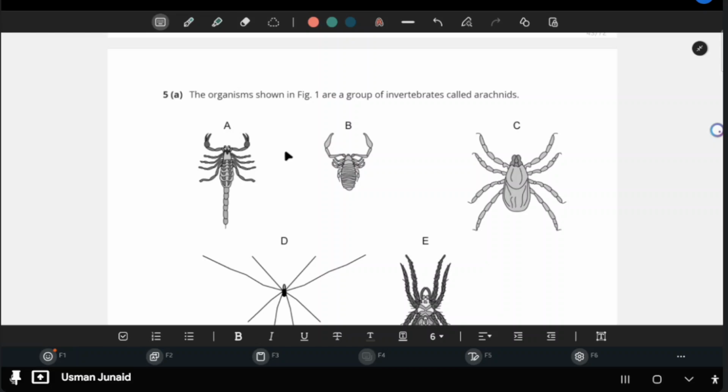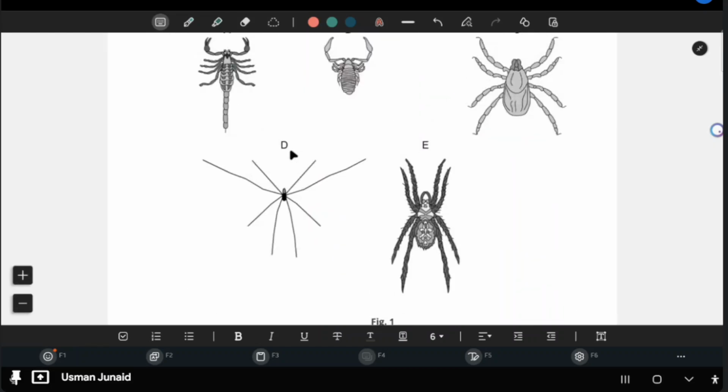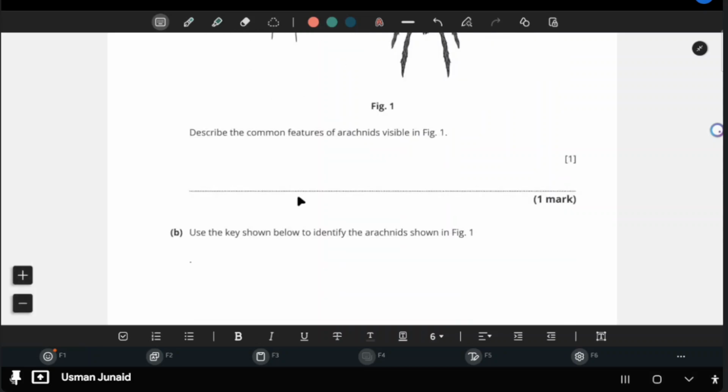What can you tell by seeing these? What are they? Very clear. Are these vertebrates? They're vertebrates, but which type of vertebrates? They're spiders.